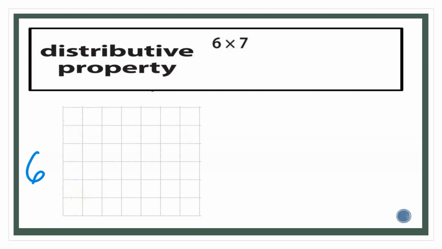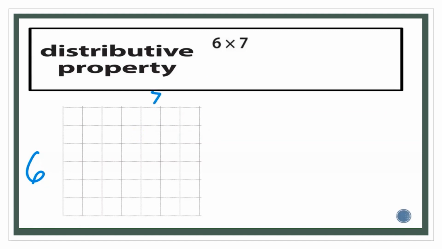Now we need to find out how many square units are in each of these 6 rows. And we can do that by counting the number of columns. 1, 2, 3, 4, 5, 6, 7. So the expression or multiplication fast fact represents our array or tiled rectangle here.